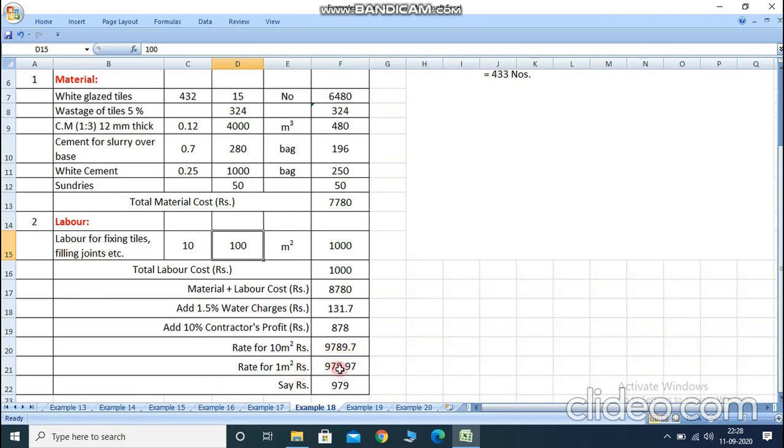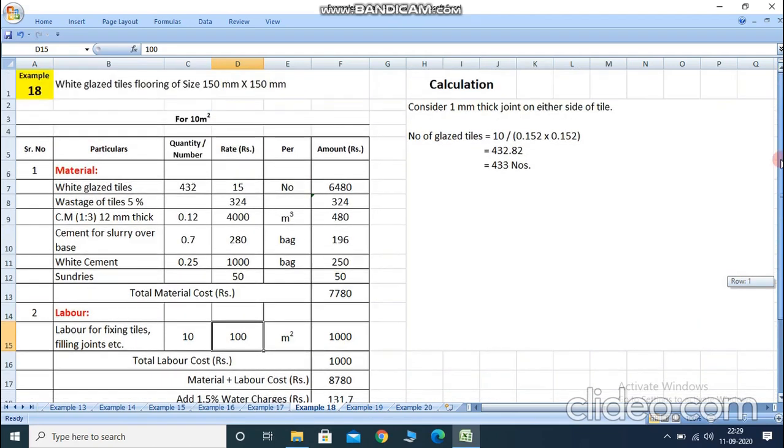So the overall rounded figure is 979 rupees per square meter for white glazed tiles flooring of the size 150 mm by 150 mm tile size.